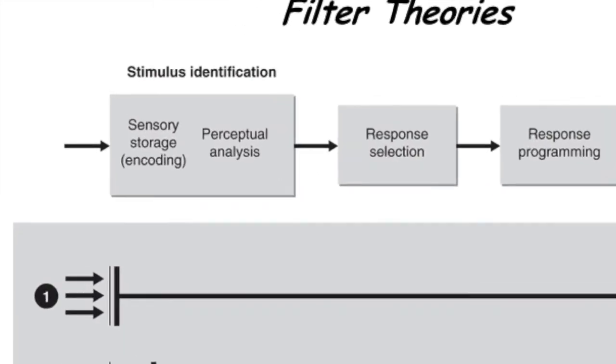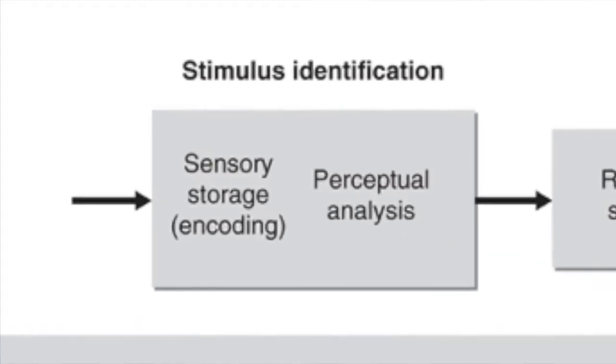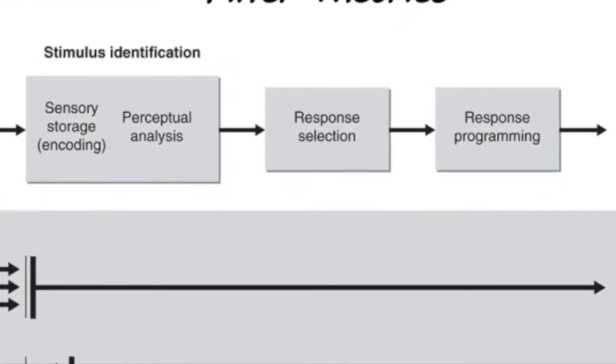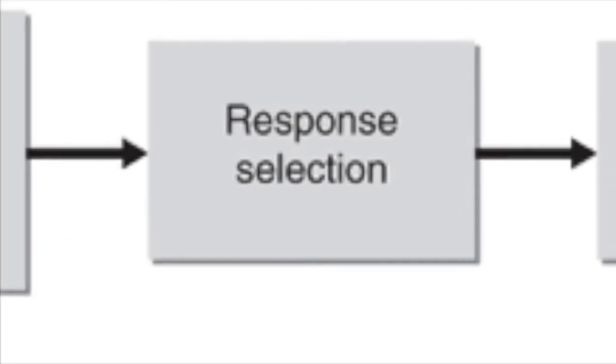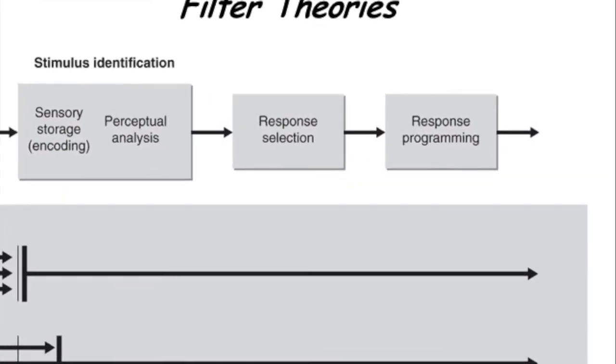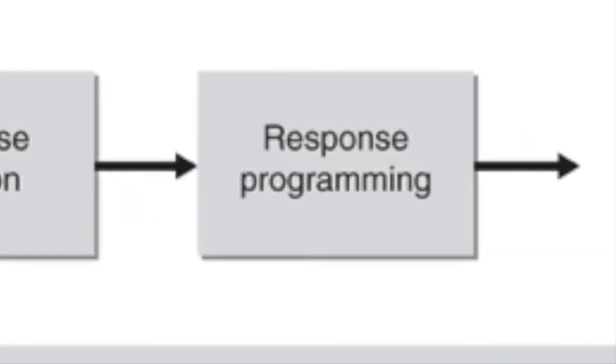The three components contain stimulus identification, response selection, and response programming. The stroop effect supports that we direct attention and process information simultaneously, known as parallel processing.